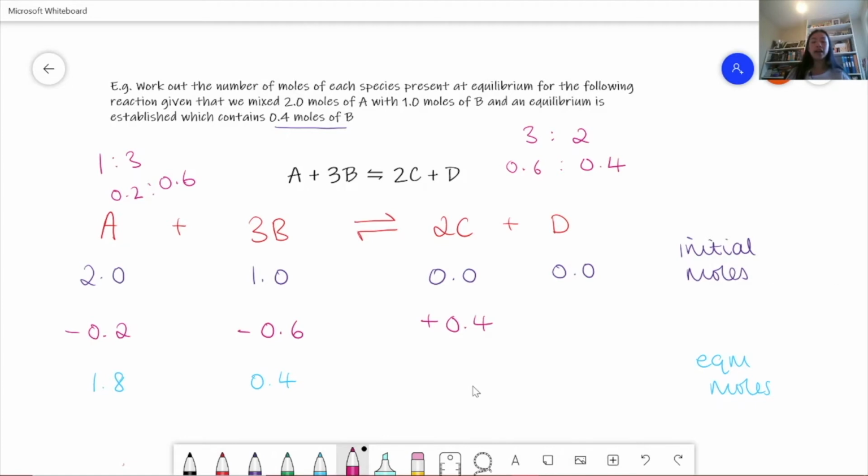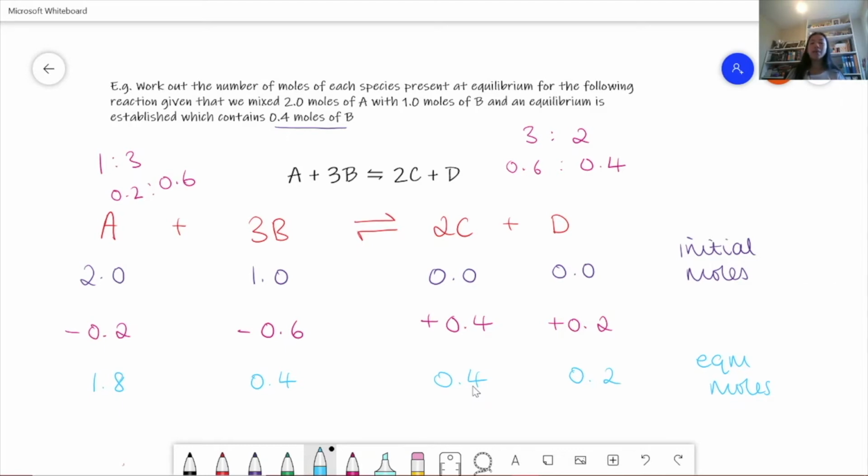And with D, it should gain 0.2 moles because it's a 3 to 1 ratio again between B and D. So C will be 0.4 and D will be 0.2. And now we've found out the equilibrium moles.